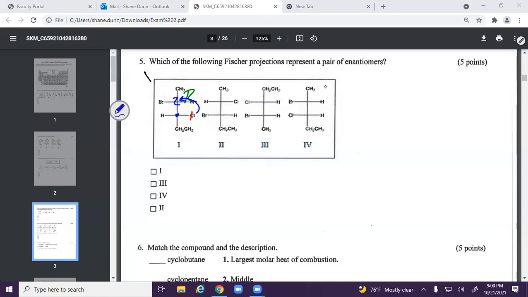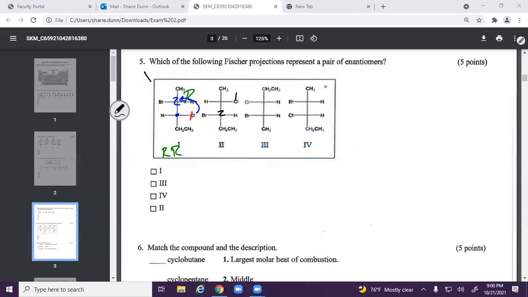So that would be counterclockwise, which would be S normally, but now it's R. So now we have RR. So this one is RR. What is its enantiomer? SS. Good.